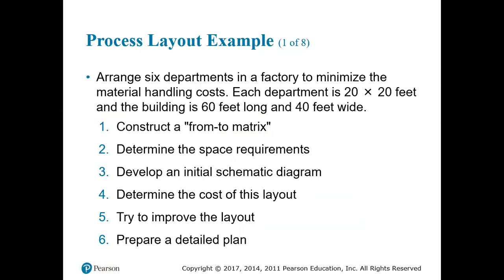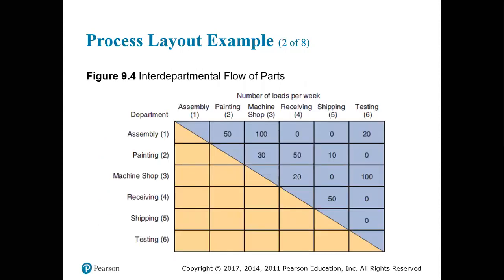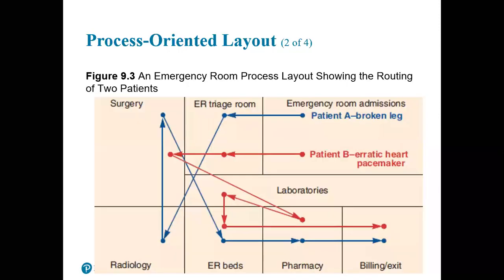Now, the process layout matrix that the book discusses here has to do with, if we know there's a movement of parts or movement of different loads between different departments, the question here becomes one of which of these departments should we put next to each other, okay? And the same would apply to what we have with the hospital here. If we know we have different numbers of people coming in, which of these different processes should we have next to each other?